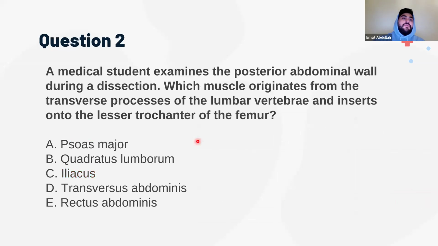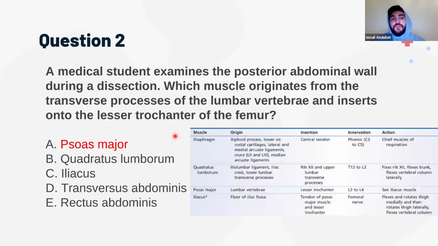Cool. The second question is, a medical student examines the posterior abdominal wall during a dissection. Which muscle originates from the transverse processes of the lumbar vertebrae and inserts itself into the lesser trochanter of the femur? So what do you think the answer is? And that would be the psoas major.